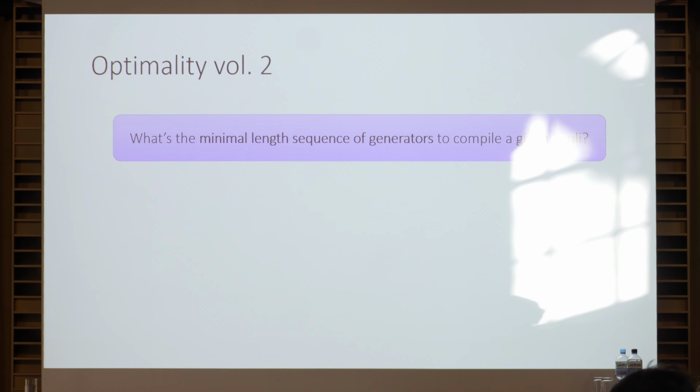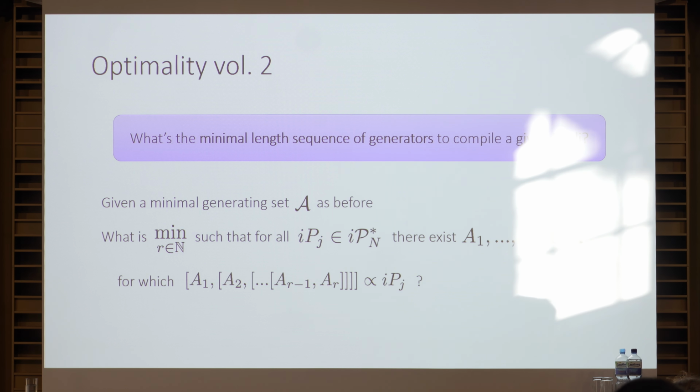Now to the second part of optimality. Or are there any questions about the first part at the moment? And this relates to your question, Robert, right? So how long is the sequence of commutators such that I can create any other Pauli from it? In other words, let's pick a minimal generating set as we had it before, so 2n plus 1.